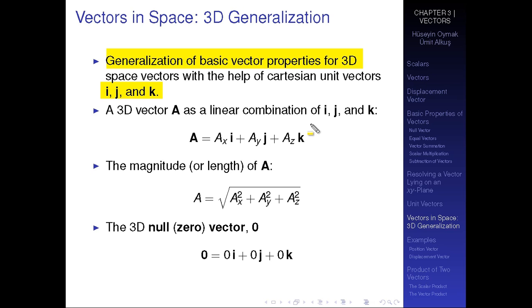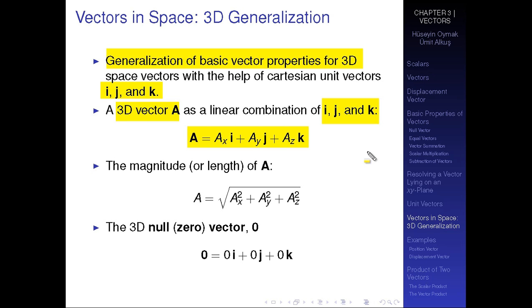For the sake of completeness, we begin by repeating the relation giving a vector A as a linear combination of these unit vectors, that is, A equals ax i plus ay j plus az k.